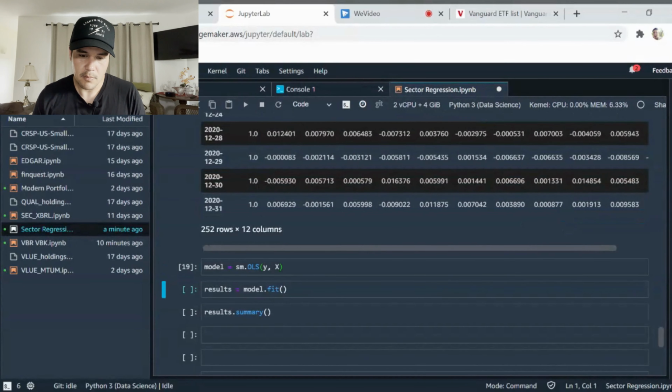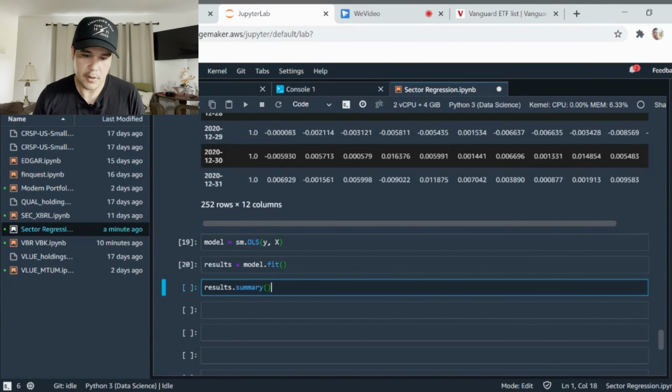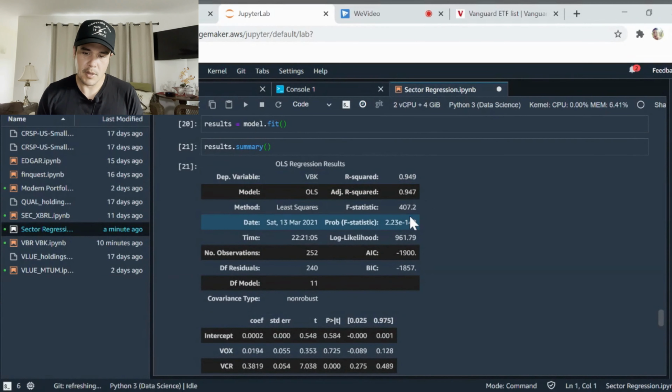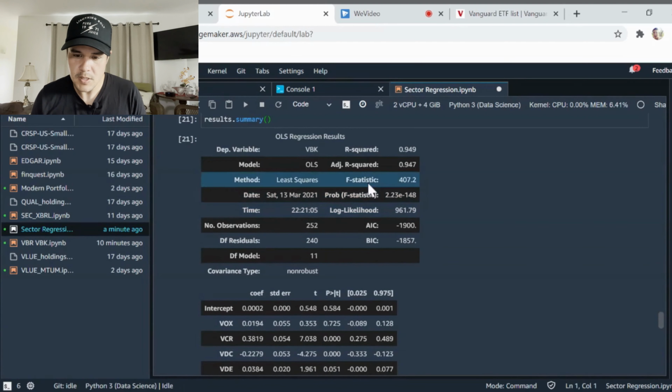So let's build that model, fit it, and look at the results. Fairly strong R squared, so about 94% of the variability of the returns can be described by these sectors, so that's great. Statistically significant, a very large F statistic.